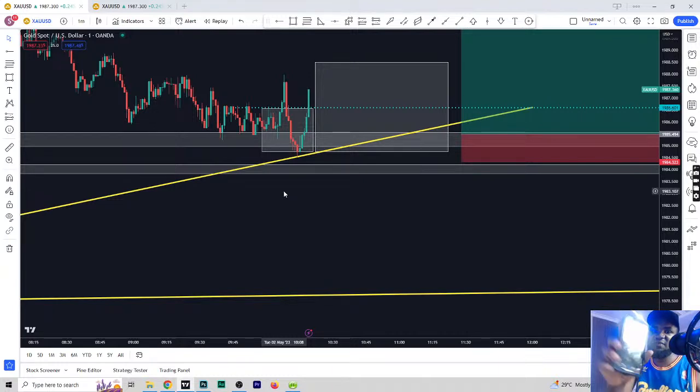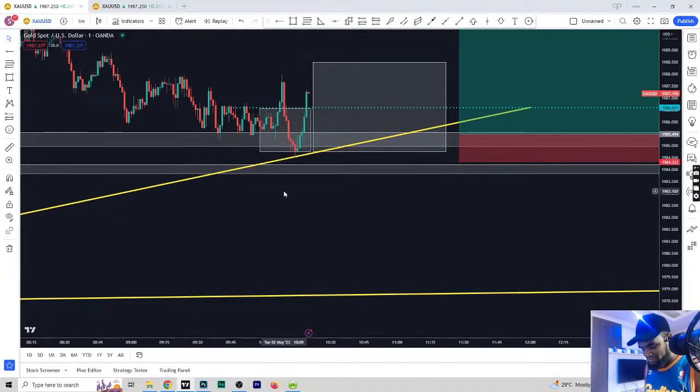Okay, 150 profit. You can see it's already black. I was on there. Okay, 160, 170 profit.